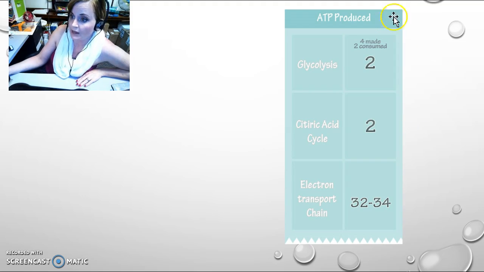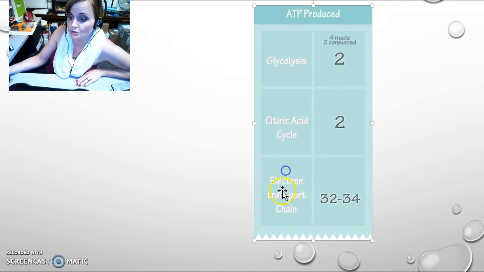So as a summary, we make 2 in glycolysis, that's everyone, 2 in the Krebs cycle or citric acid cycle, and the majority of that energy from that sugar comes from the electron transport chain, which is why there are some diseases and some poisons that interrupt this process, and you won't have enough energy to survive if that happens. We will talk a little bit more about something that had that effect on a bunch of children.